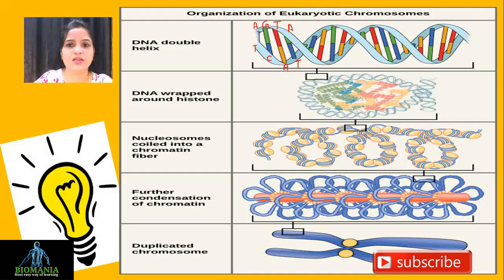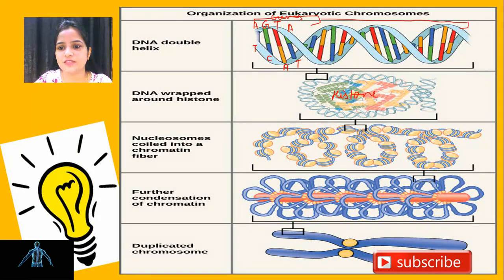On the DNA there are different kinds of genes present. There are so many genes in the whole DNA, and when that DNA starts wrapping around the histone protein, this is the DNA surrounding the histone, and then the nucleosome will form, and that nucleosome will again start coiling like that.